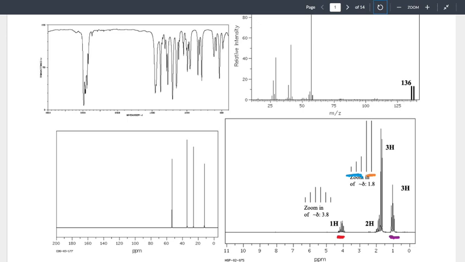For instance, here, how many carbons did I get? 2. How many carbons do I get? 1. But there's 6 carbons there. There's so much symmetry within this molecule that all those carbons become identical.